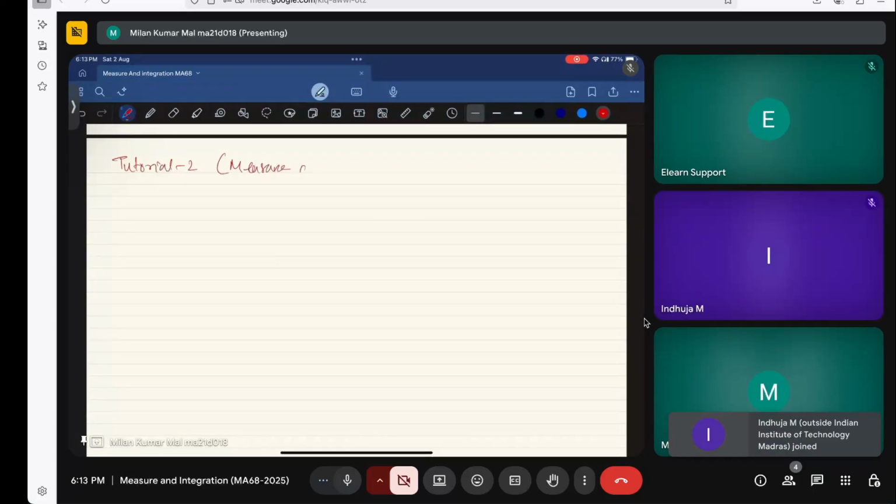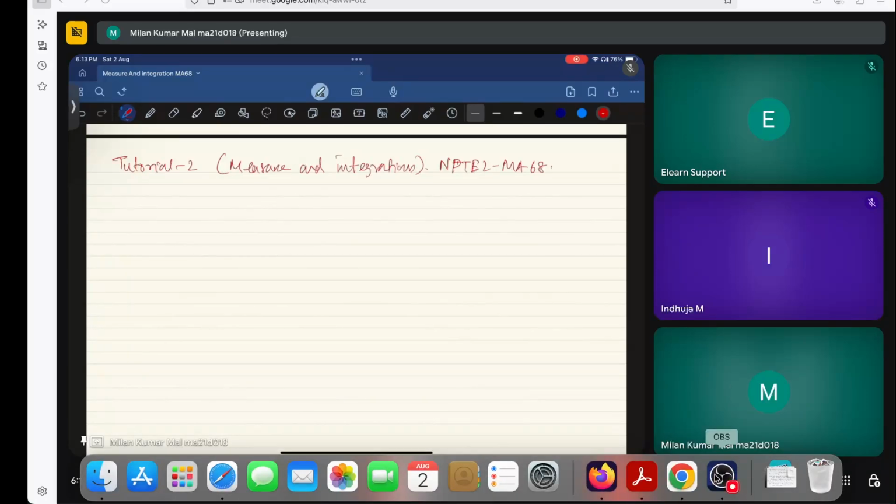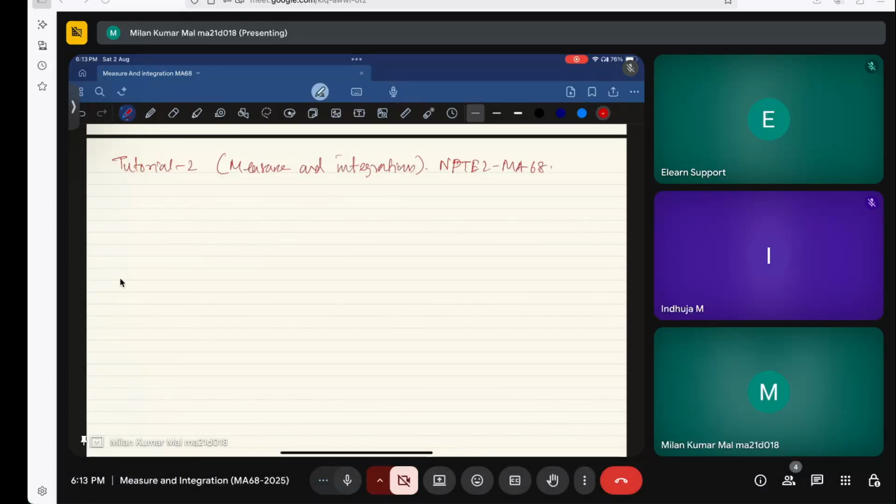In the last class we just started with the definition of sigma algebras and all these things, and now in this second tutorial we will try to solve some problems which will be mostly relevant to assignment 2 basically.